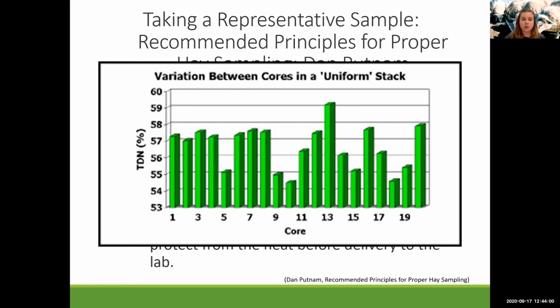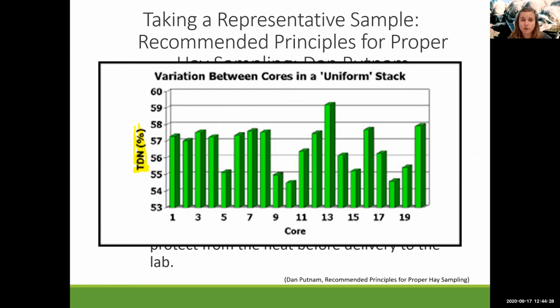He took 20 cores, sampled them separately, and then here we've got their TDN, their total digestible nutrients, how much energy is actually in each of those cores. So you can see by looking at this, there's a lot of variation, even within one lot of hay. And that's why you need it to represent the forage that you're going to be feeding out over time, and you need to be meeting their nutrient requirements over time.